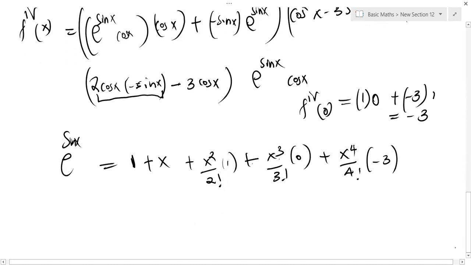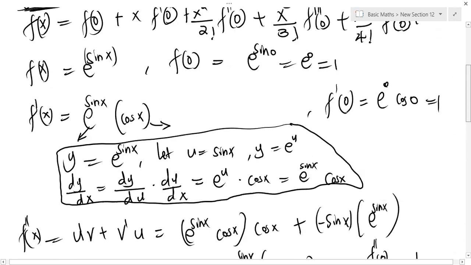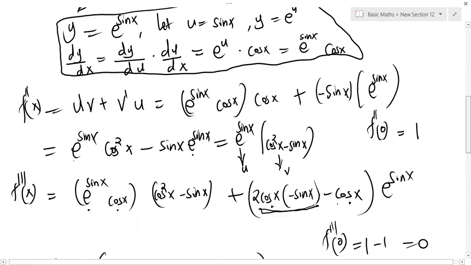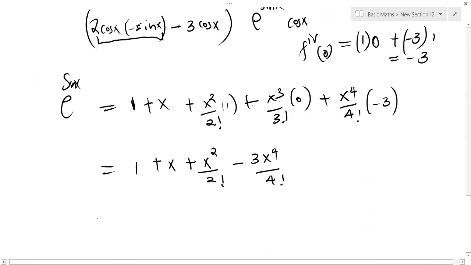So the Maclaurin series expansion, if we simplify this, is 1 plus x plus x squared over 2 factorial, the x cubed term gives 0, and then this last bit is minus 3 x raised to power 4 over 4 factorial. Now, the question wanted us to evaluate the integral from 0 to 1 of exponential sin x dx.